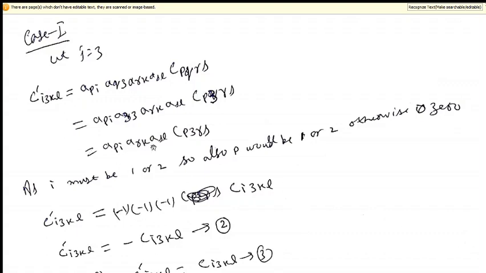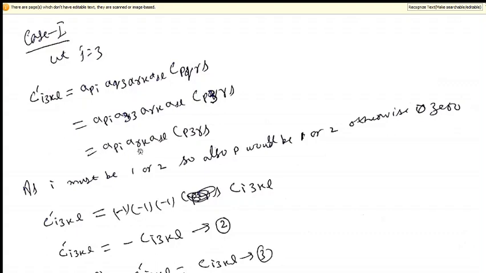So I, K and L can be 1 or 2, and so P, R and S will be 1 or 2. So it means that we have either A11, A22, A11, A22, no A33.